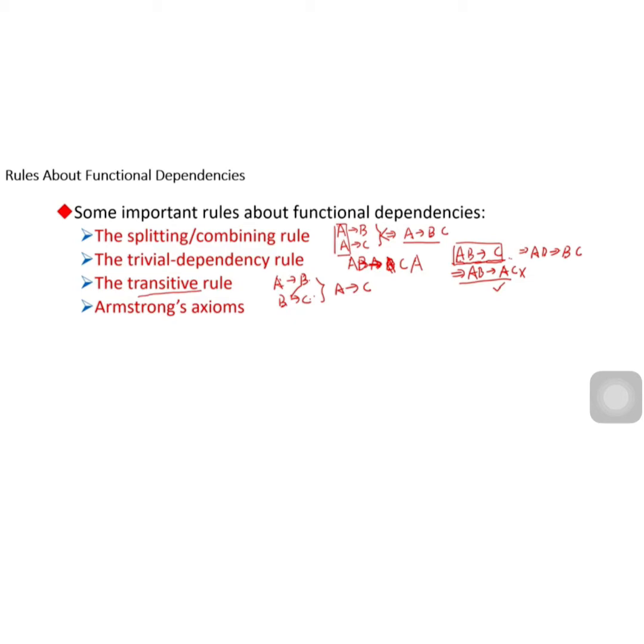But this time, I want to discuss the easiest way to find all functional dependencies, the closure of attributes. I think this is the easiest way.